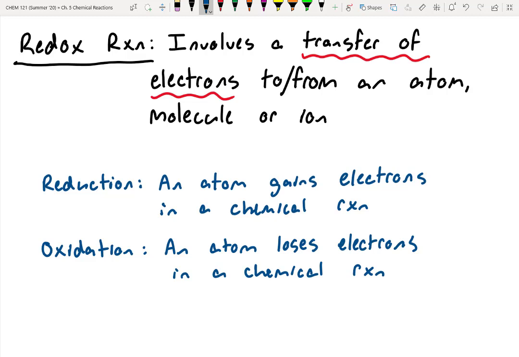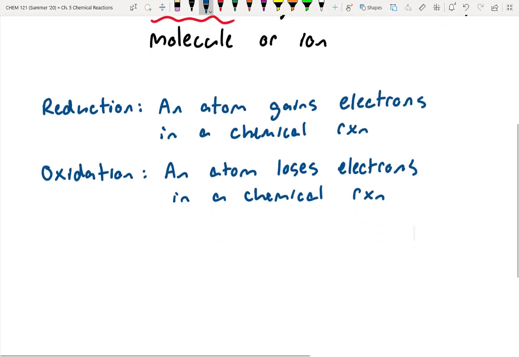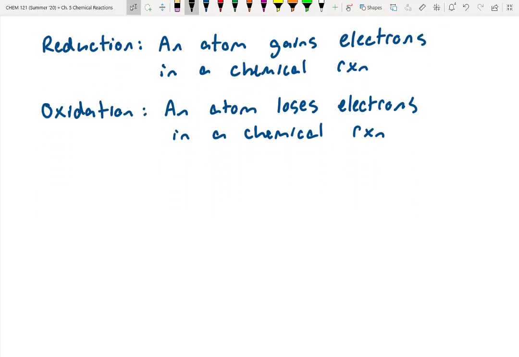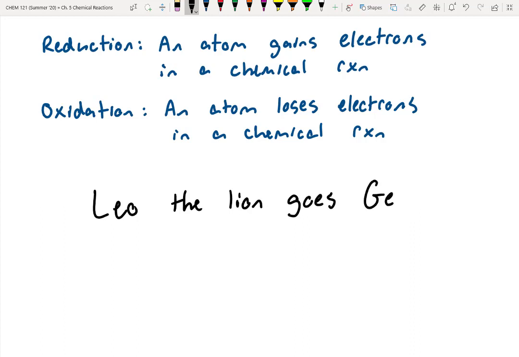All right, and students always get this kind of mixed up in their head. So I'll show you a mnemonic that's pretty popular with our bio faculty. And this is Leo the lion goes grr. And you might be wondering, okay, what the heck does this mean?